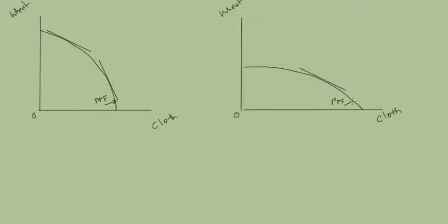And knowing that the slope of a production possibility frontier, the absolute slope, is the opportunity cost of the good on the horizontal axis, should alert you to the fact that since these curves have a varying slope, they're not constant cost slopes, that must mean that the costs of production vary depending on how much of the good is being produced. And that's what we mean when we say this is an increasing cost production possibility frontier.